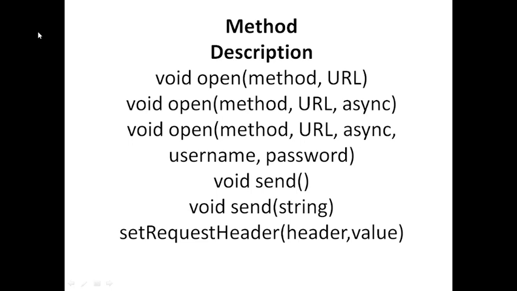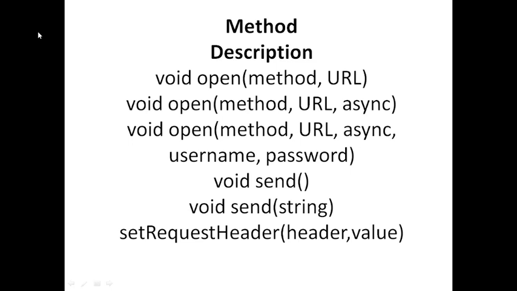Next, we have to give the URL. The next type of open method takes the method, get or post, and also the URL.